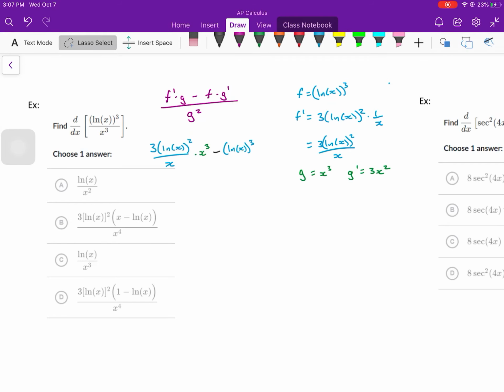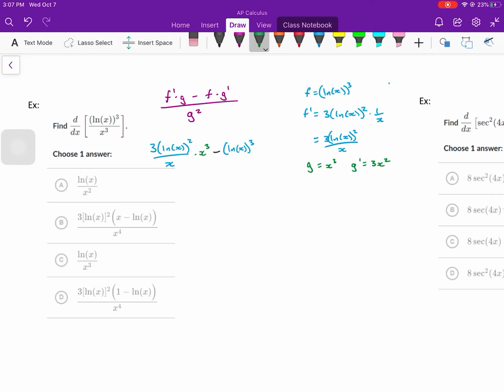Let's give a little more room here. Times g prime, which is 3x squared. And all of this is over g squared.